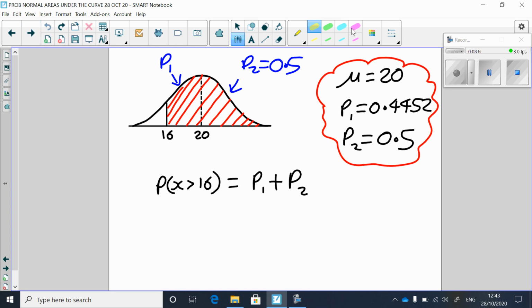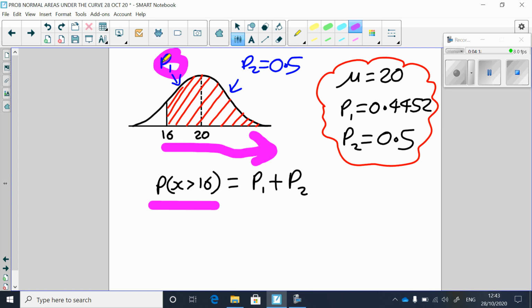What we're looking at here is greater than 16. We can see greater than 16 is this region here. Upstairs, P1 comes from the table, and the other part, P2, is half of the curve.